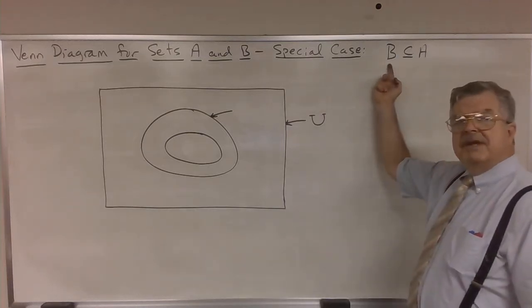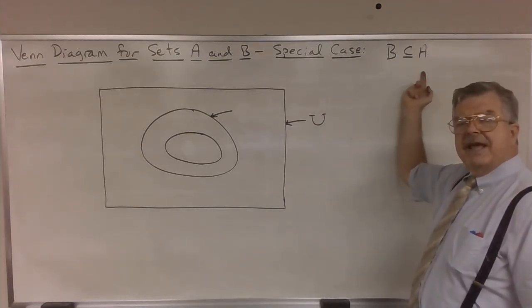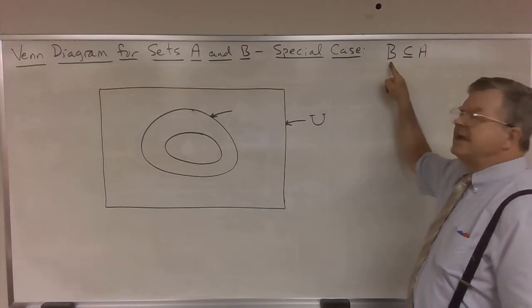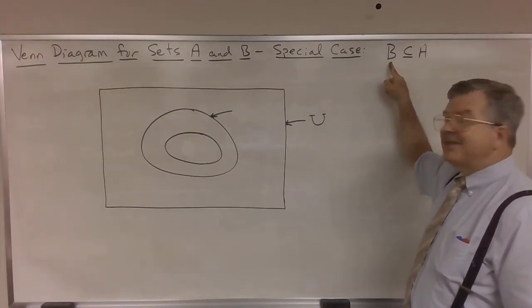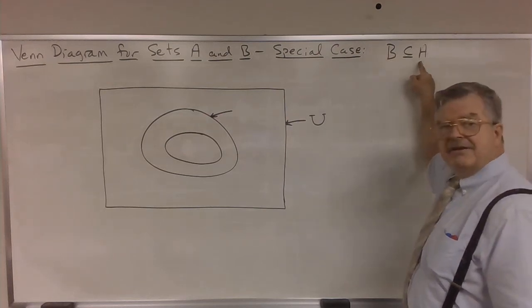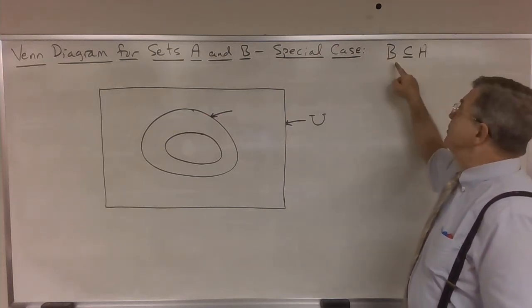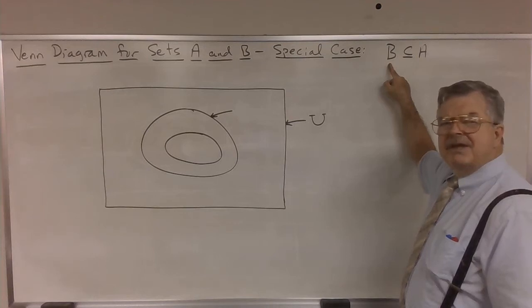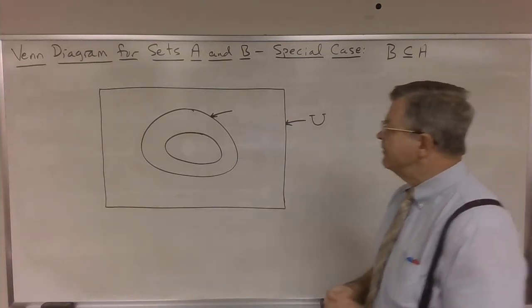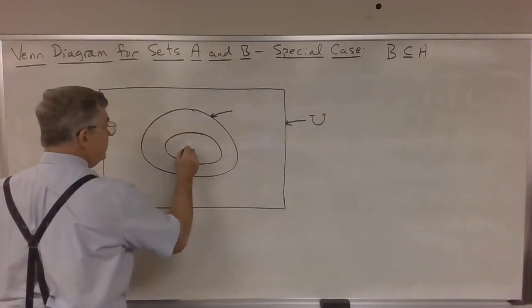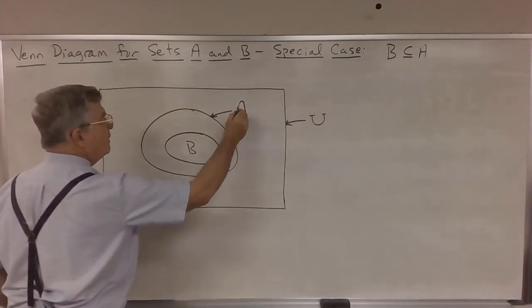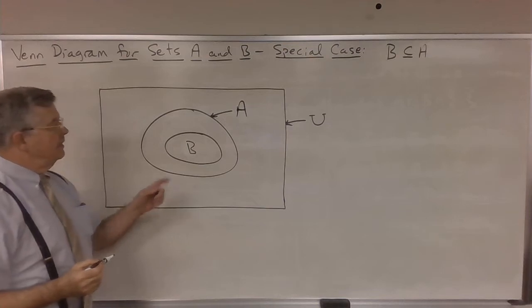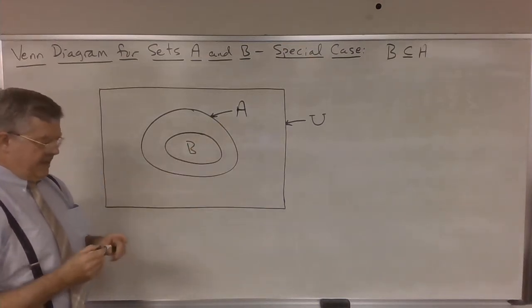If set B is a subset of set A, doesn't that mean that every element of set B is also contained in set A? So it really means that set B is inside of set A. So this will be our set B, and the larger set will be set A.